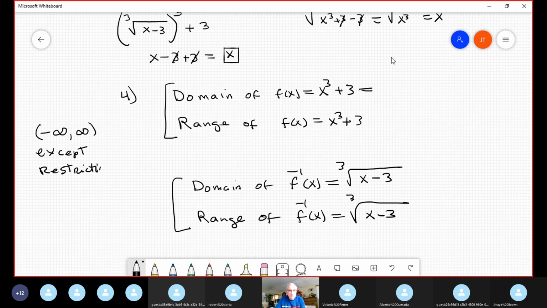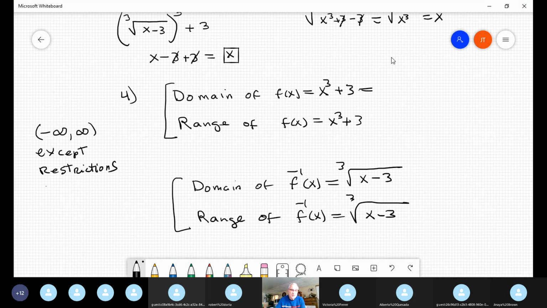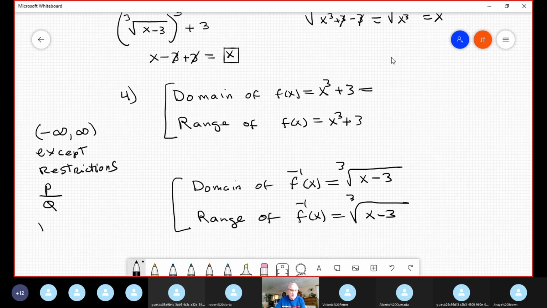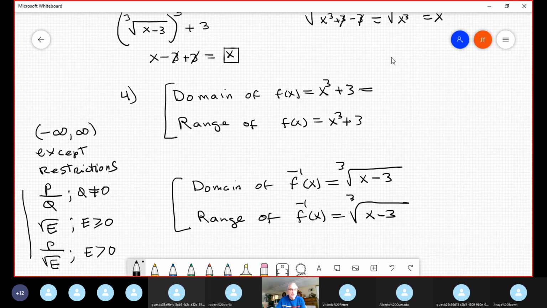And we have restrictions only when you have division, or when you have a square root, not a cubic root, a square root in the top or in the bottom. The restriction is the denominator not 0, the expression under the square root must not be negative.